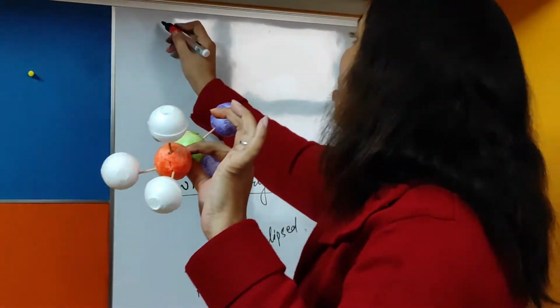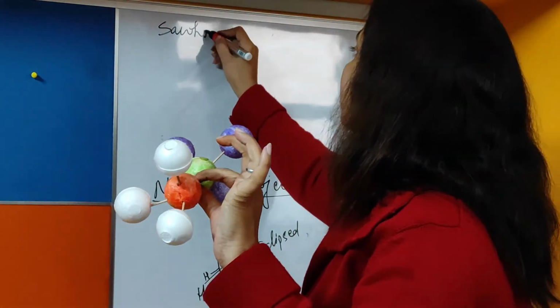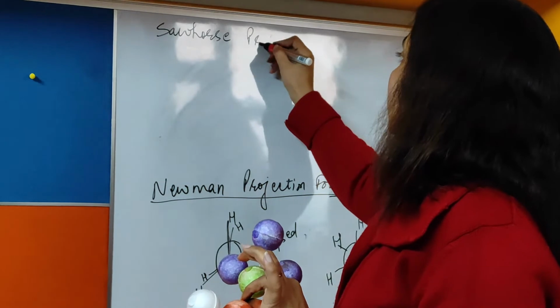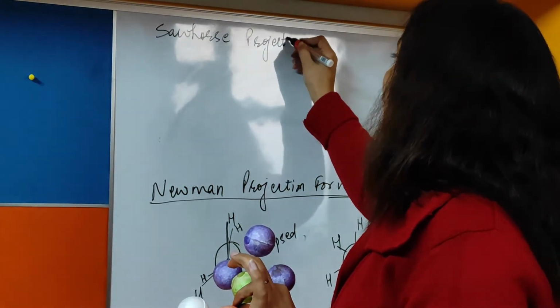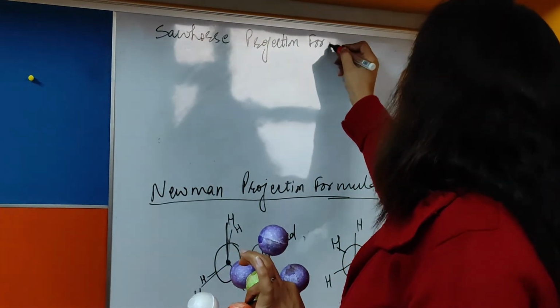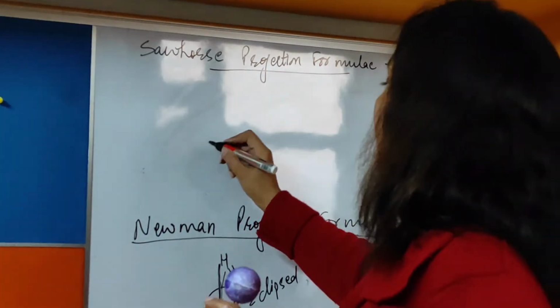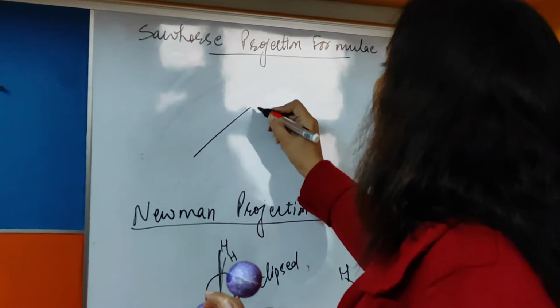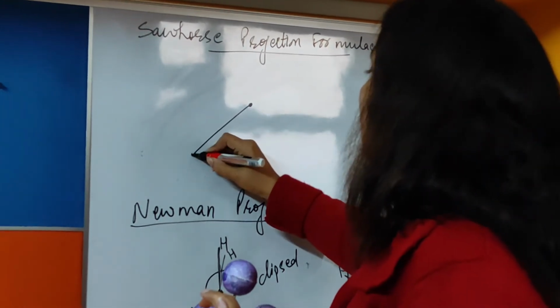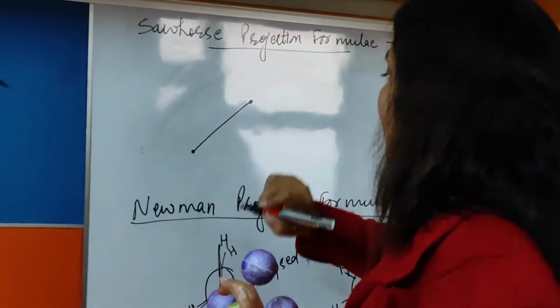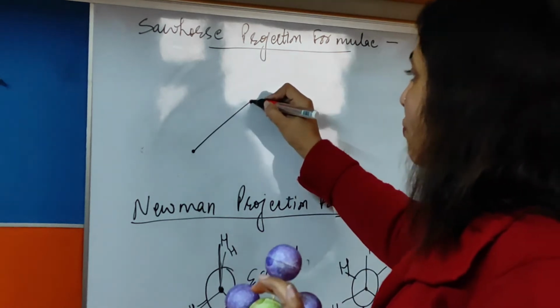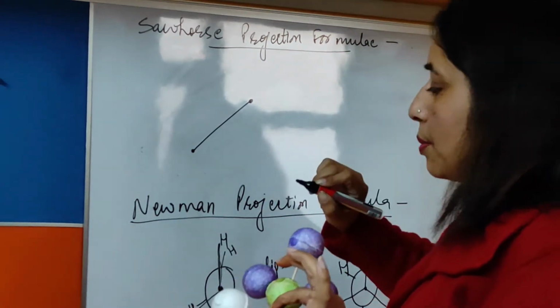According to the Sawhorse projection formula, the molecule is viewed from the side, and we will show the carbon-carbon bond slightly elongated and tilted. This is one carbon, this is another carbon.